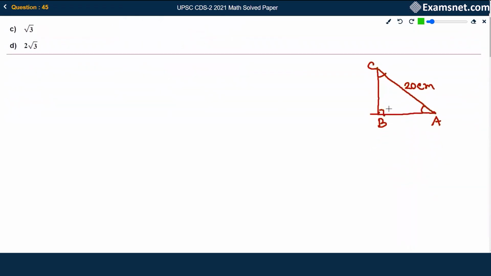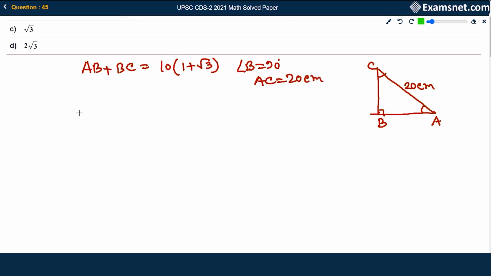So this is a right angle triangle ABC, and it is given that the sum of the base and the perpendicular is 10(1 plus root 3). Also B is 90 degrees and the hypotenuse is 20 centimeter. Since ABC is a right angle triangle, we can use Pythagoras theorem.